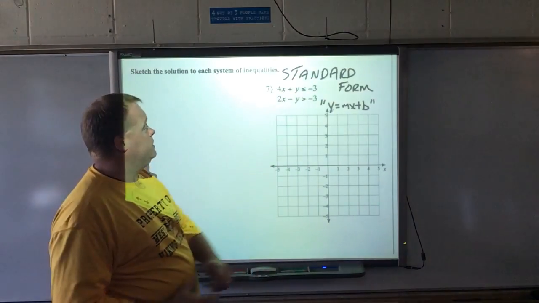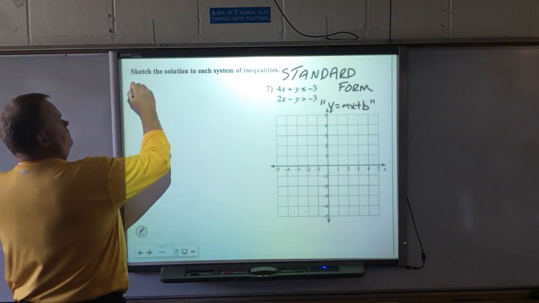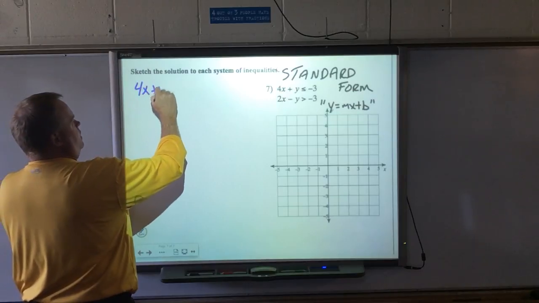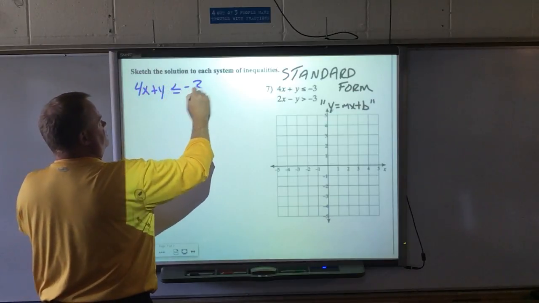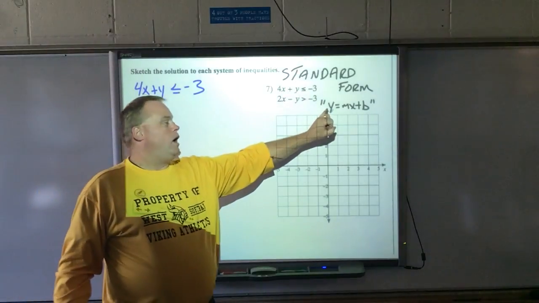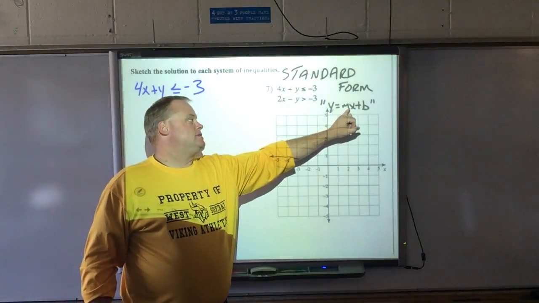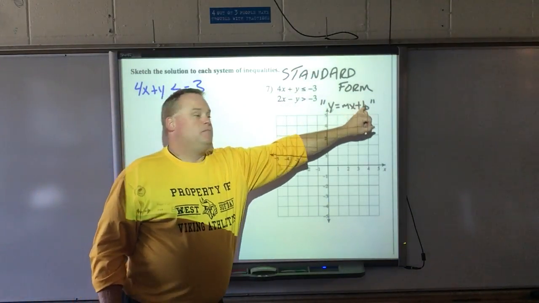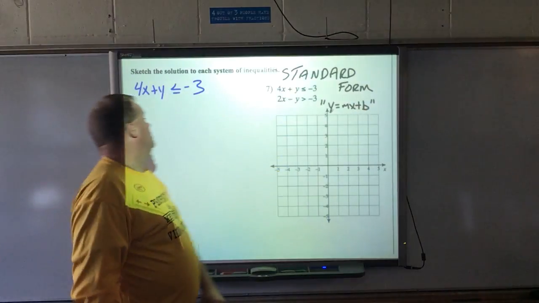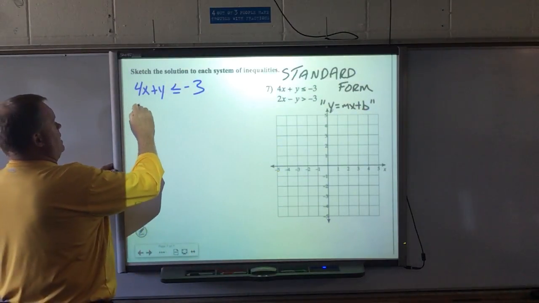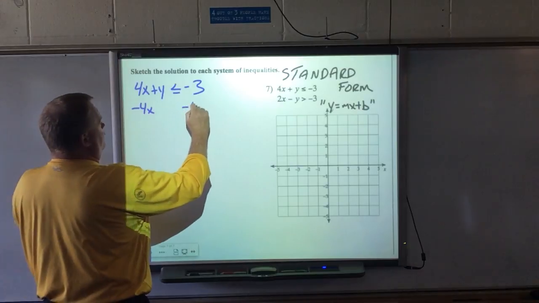I'm going to do the first one in blue. So I have 4x plus y less than or equal to negative 3. Remember, I want y by itself, the mx on the other side of the inequality, my number last. So I'm going to subtract 4x.